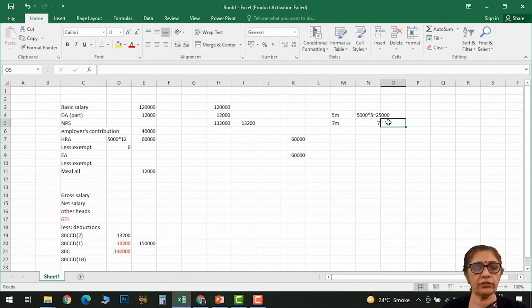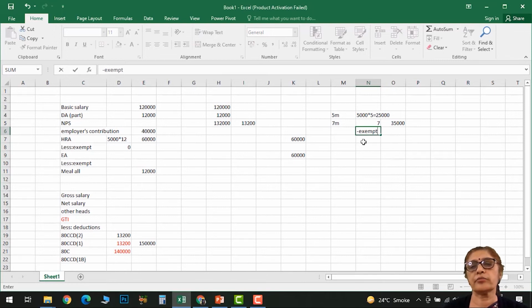So for the remaining 7 months, you have 35,000. And on this 35,000, we shall find out the amount exempt. So whatever is the amount exempt, that will not be taxable. So 35,000 less amount exempt.